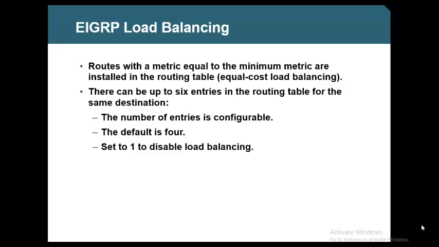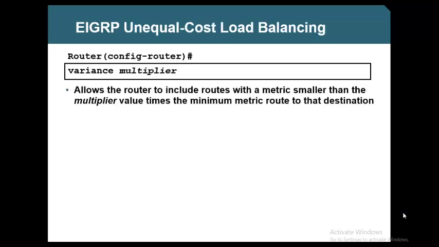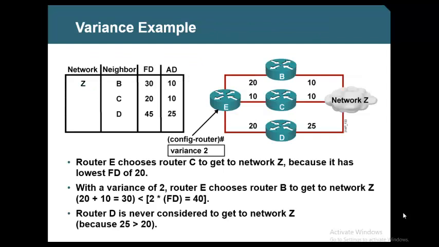What if we have different advertised distance, like this? For E to reach Z, 3 paths: B, C, and D. Going via C is the best.